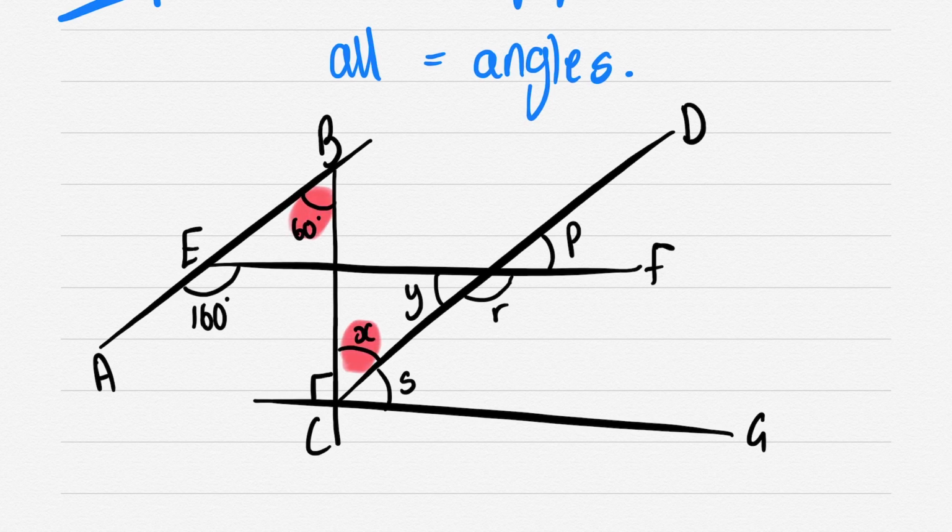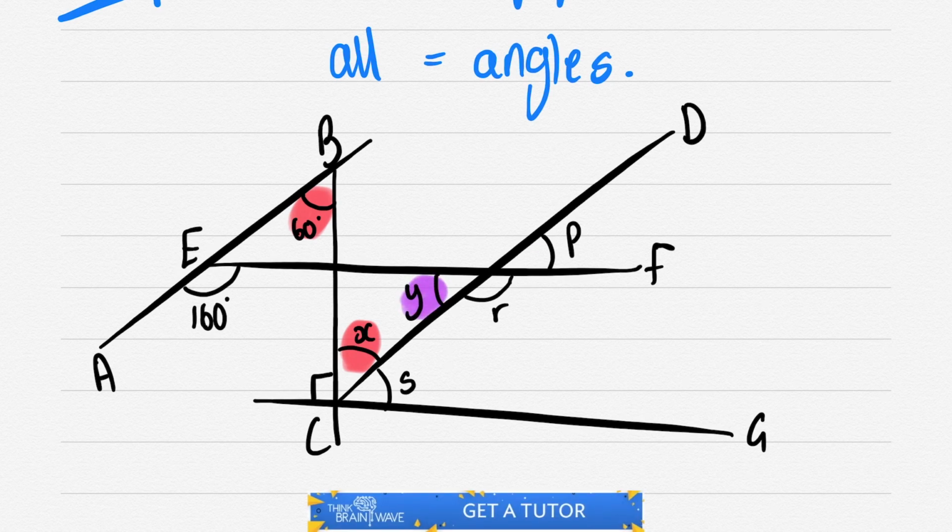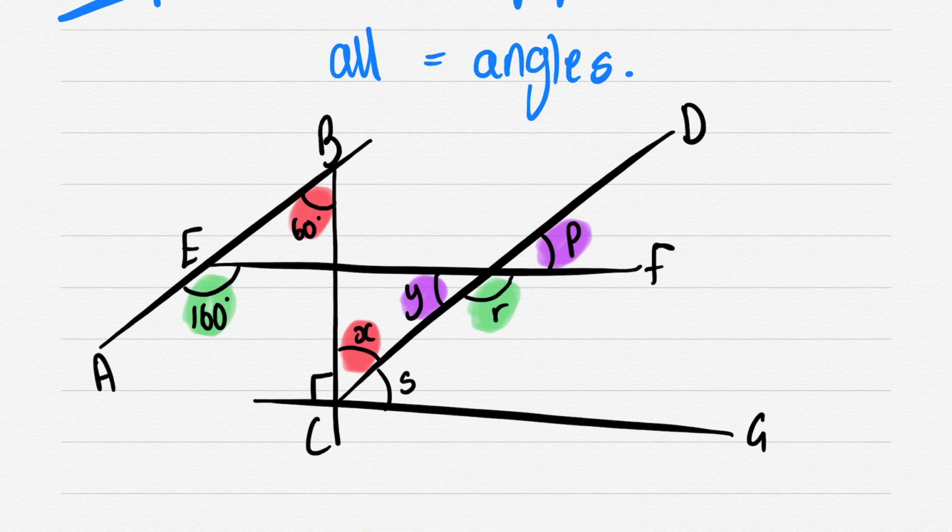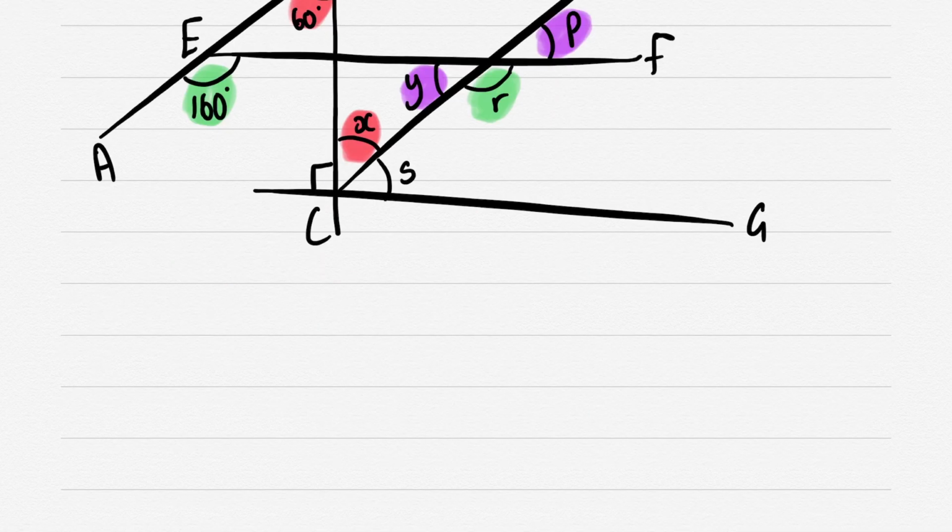We see that we've got X equal to 60, and then Y and P being equal, as they are opposite angles. We see 160 should be equal to R, and we now need to prove. Okay, with that said, let's move on to step 2.